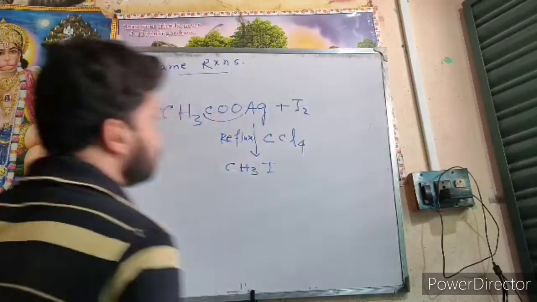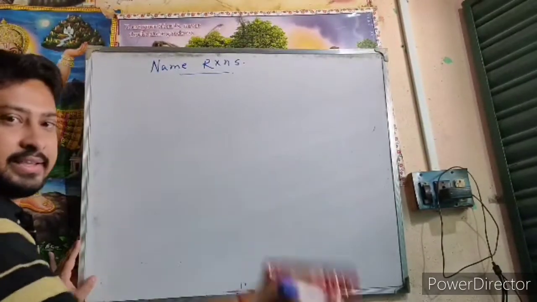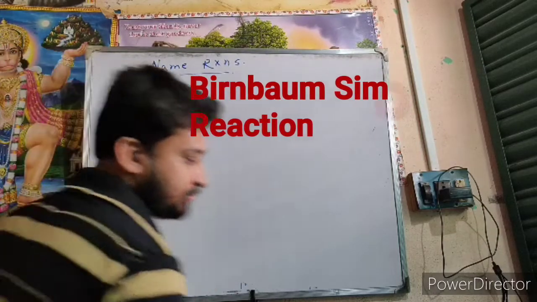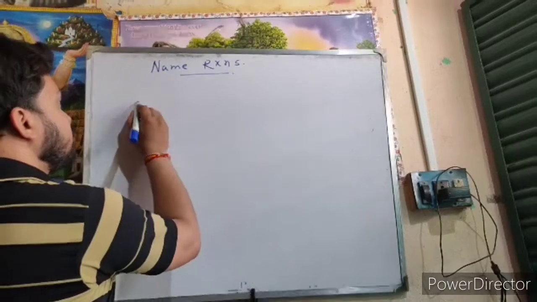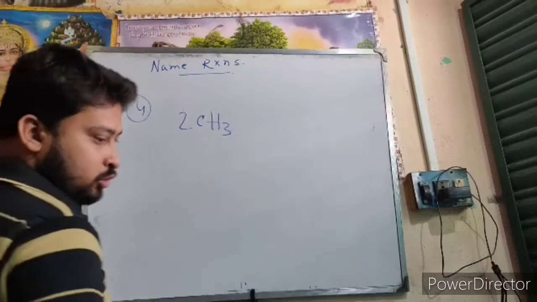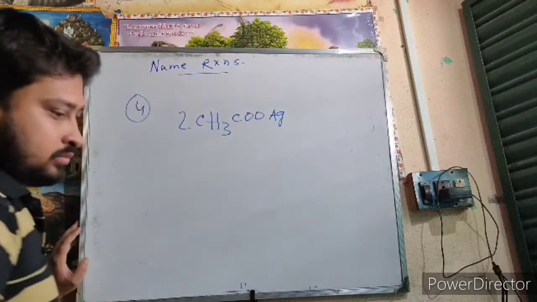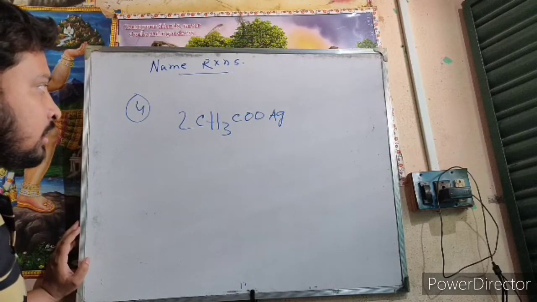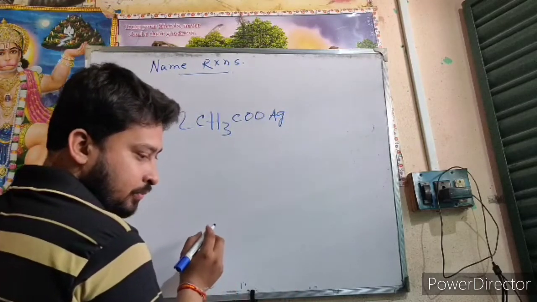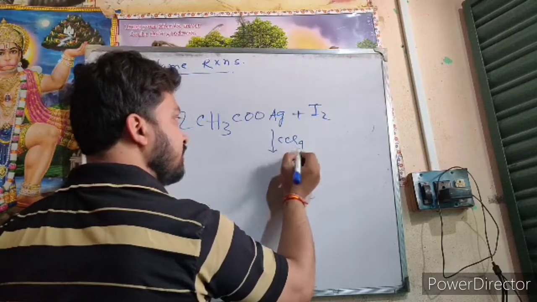Next, number 4. The next name reaction is the Birnbaum-Simonini reaction. You take 2 CH3COOAg, and it reacts with I2, CCl4 and reflux.